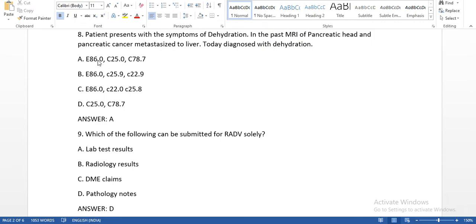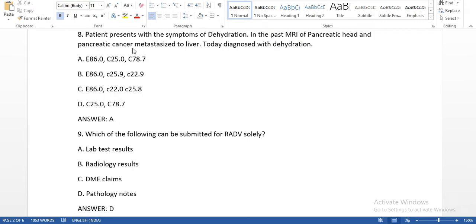E86.0 is for dehydration, C25.0 is for pancreatic head cancer, and C78.7 is for secondary liver cancer.